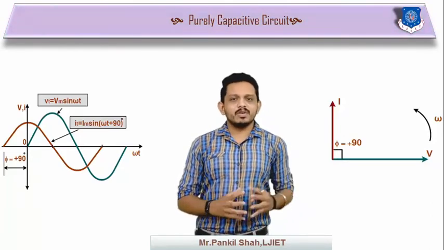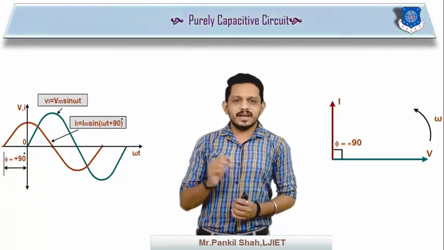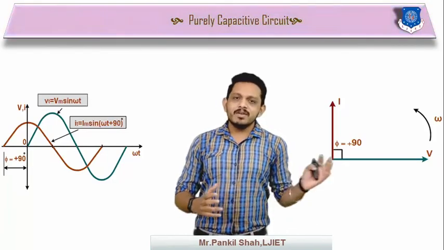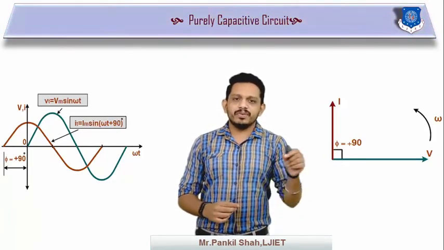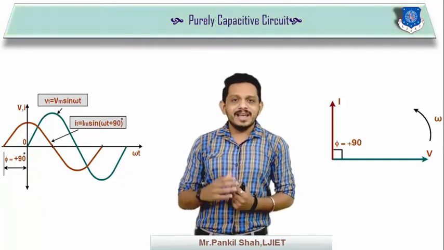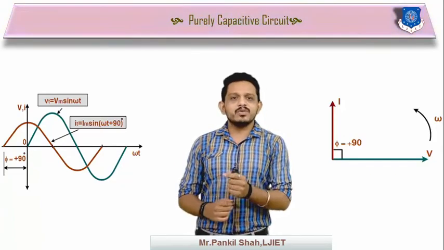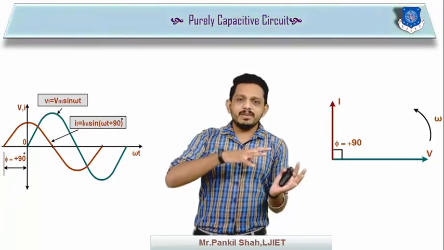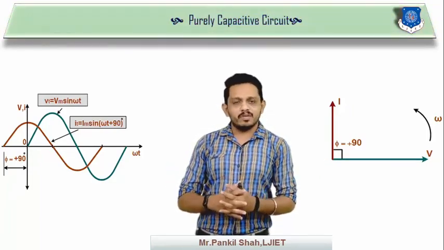Now let's talk about the phasor diagram. To draw the phasor diagram, you first draw our reference quantity, and our reference quantity is voltage. You draw voltage first at whatever angle it has, and here voltage has 0 degrees, so we have drawn voltage on the x-axis. Now this phasor diagram is always rotated in the anti-clockwise direction.